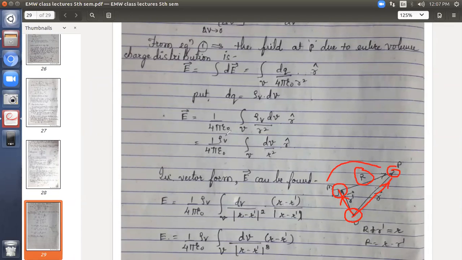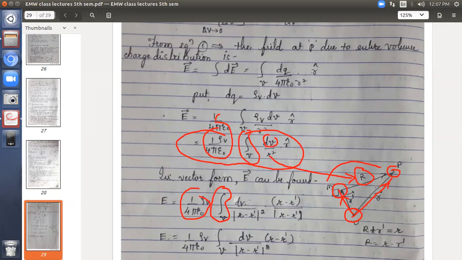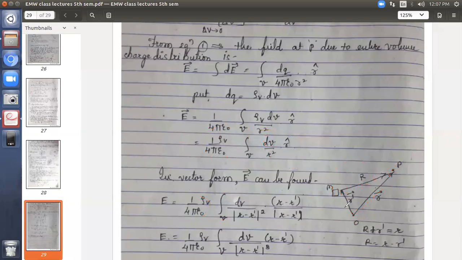Now, in this equation, the small r I used is replaced by capital R, the distance between M and P. The constant outside the integration is the same, the integration is the same, dv is the same. Instead of r, I have to write this capital R. From vector addition, apply the law of triangle: R plus R dash, in the same direction, there is a continuity in direction.